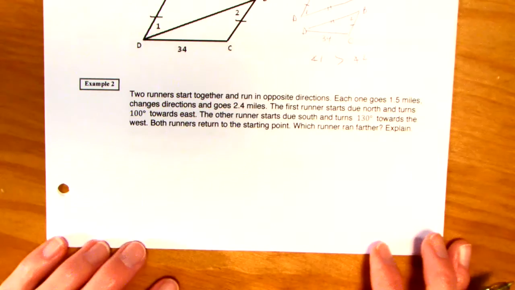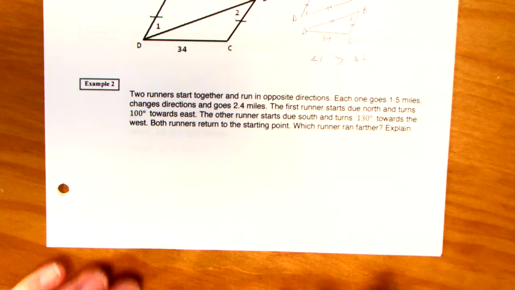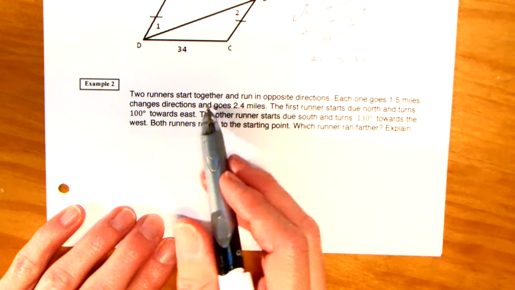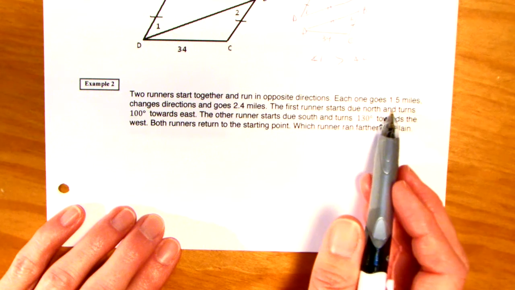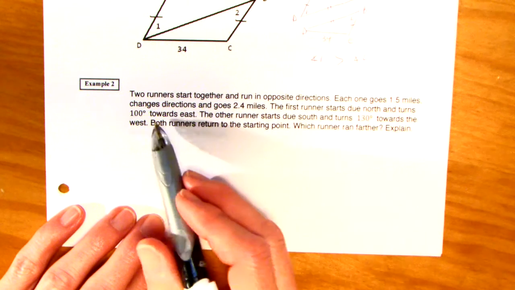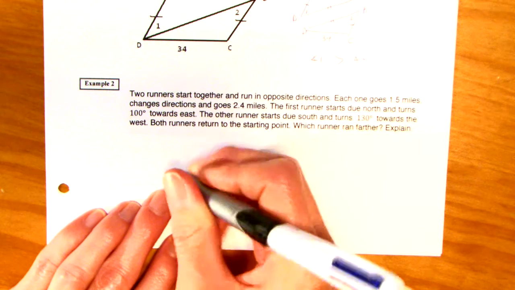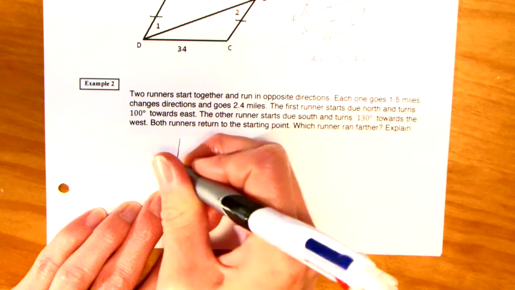A little number story here. Two runners start together and run in opposite directions. One goes 1.5 miles, changes direction, then goes 2.4 miles. The first runner starts due north and turns 100 degrees. Okay, so let's say they're going to start right here. The first runner is going to go due north 1.5 miles.